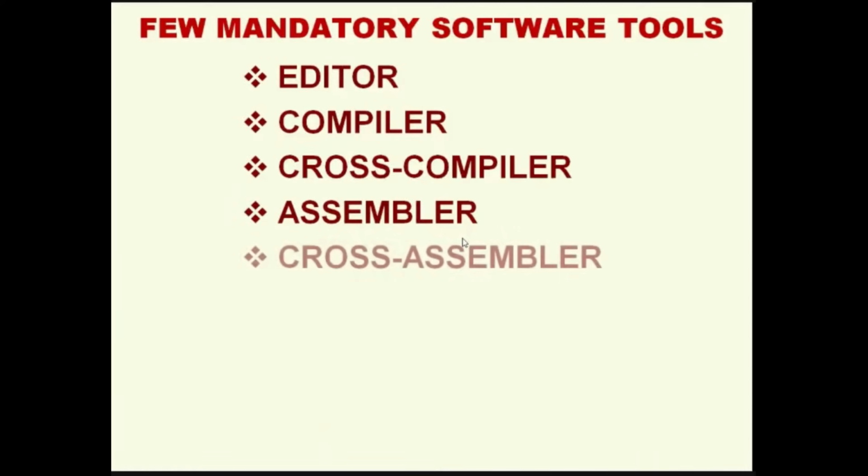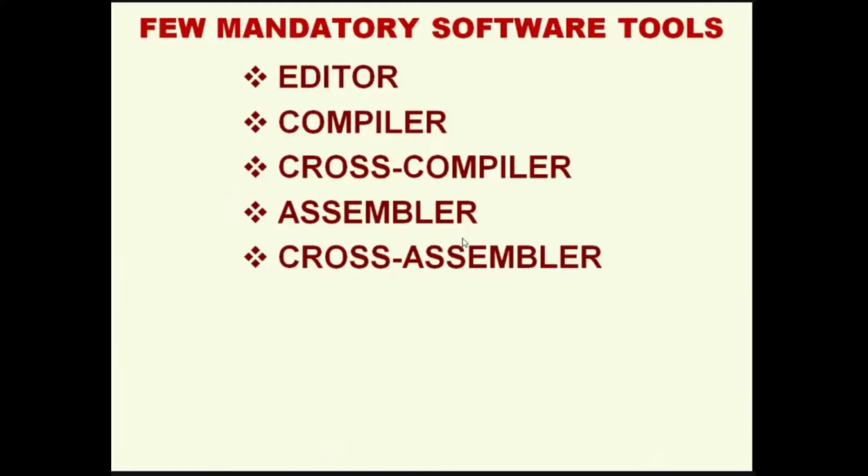A cross assembler is also an assembler which converts the assembly language into the machine language of the target machine. The assembly language is written on the host machine, which is the PC. The assembler runs in the host machine, but this assembler produces an executable hexadecimal file for the target machine, which is our microcontroller board. Hence it is called a cross assembler.